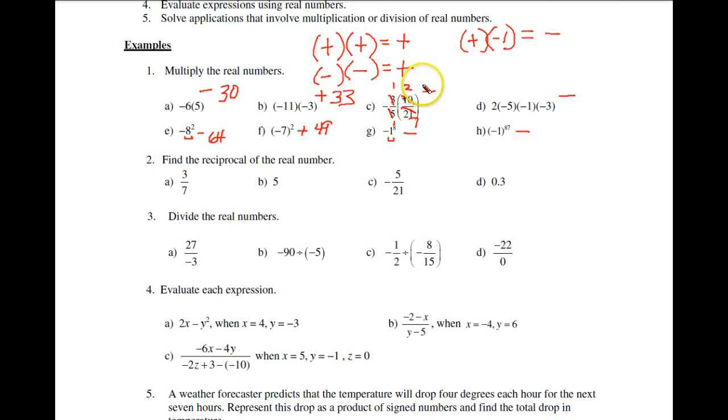We multiply the numerators, we get a 2. Our denominators, we get a 7. Now in this case, we've determined the sign. So we're going to go 2 times 5 is 10, times 1 is 10, times 3 is 30.